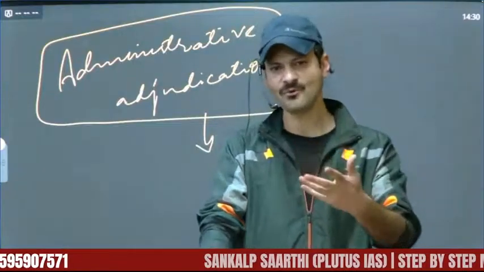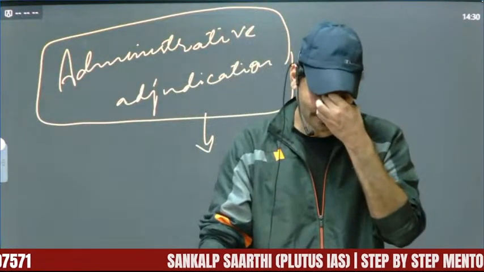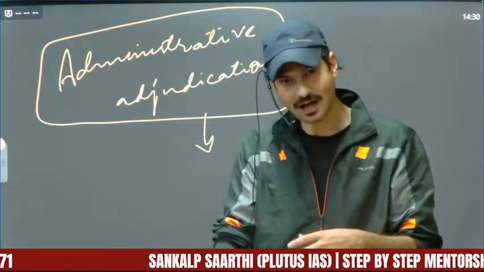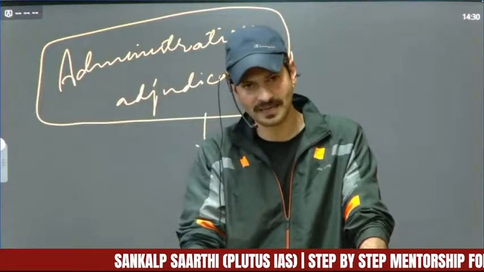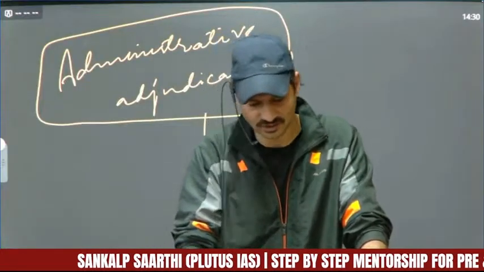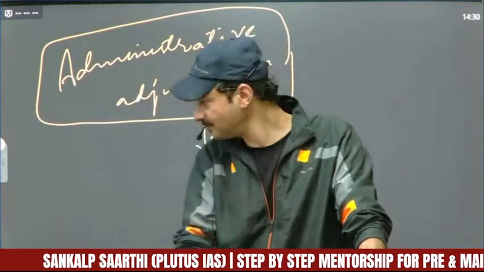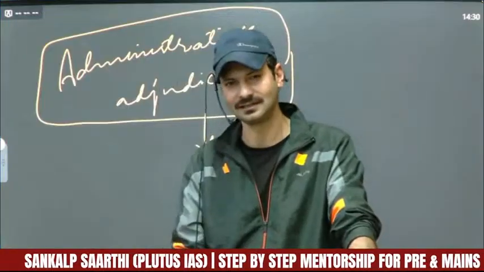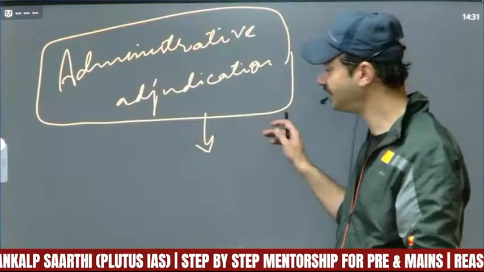Up until now, we have studied control of delegated legislation, where we saw how the administration's rule making is kept under control through parliamentary control, judicial review and procedural safeguards. Now we move to another extremely important topic, that is administrative adjudication.